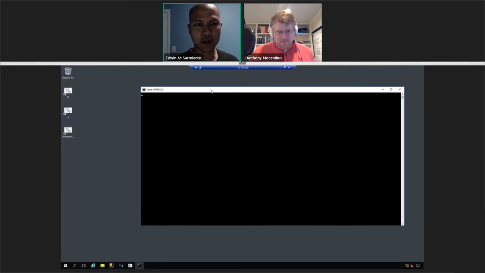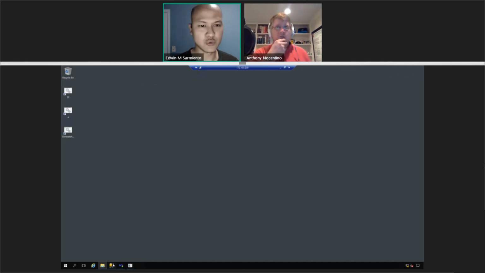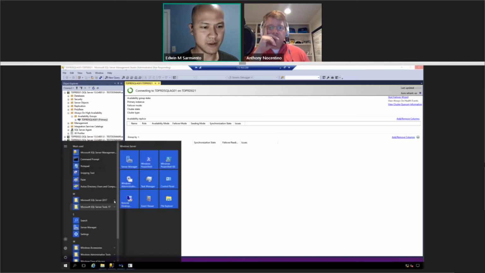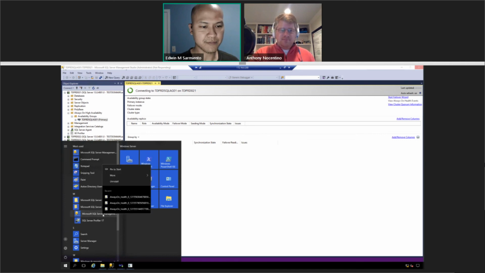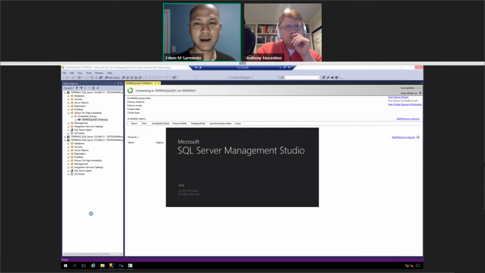Now I can connect to PRD22 and PRD23 on port 5022, and if I still get my Management Studio working, why don't I open a new instance of SQL Server Management Studio? And if I look at the dashboard one more time, I should be able to see 22 and 23 synchronized after I have disabled the Windows firewall.